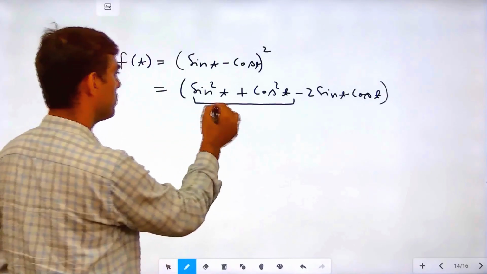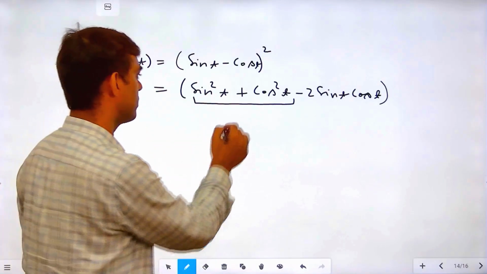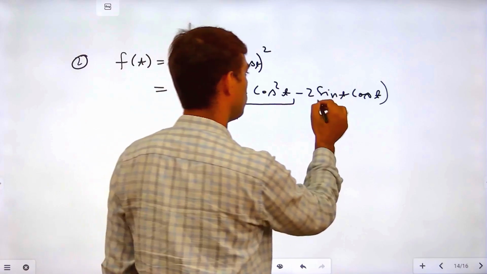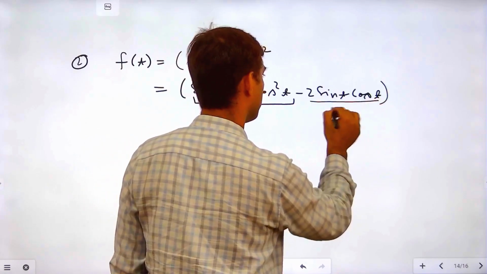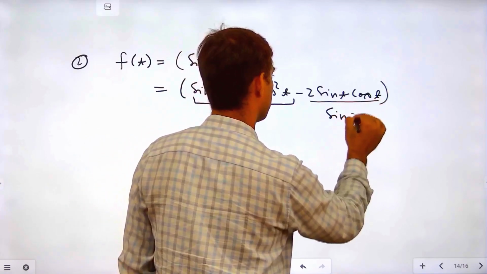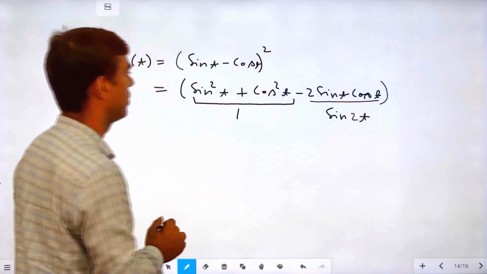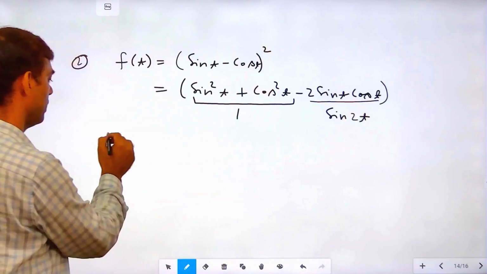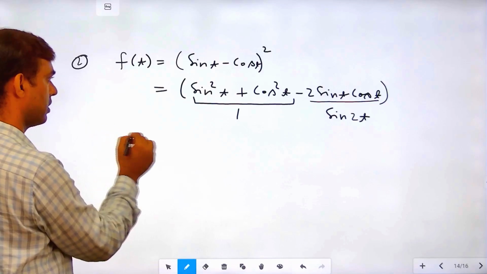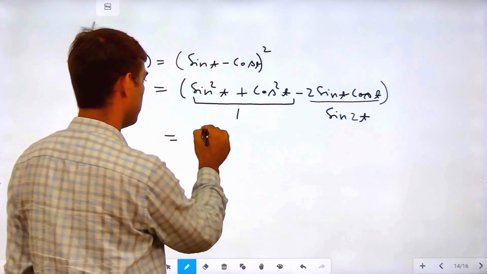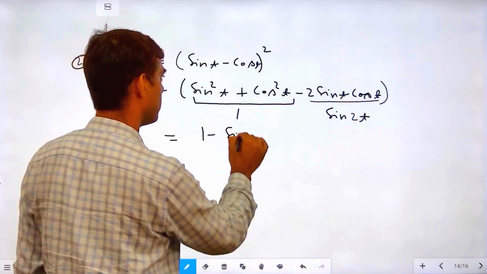As we know, sin square t plus cos square t is 1, and 2 sin t cos t equals sin 2t. So now this can be written as 1 minus sin 2t.